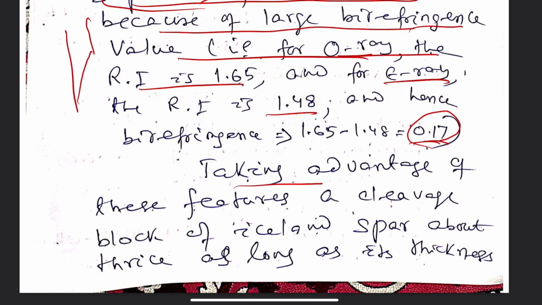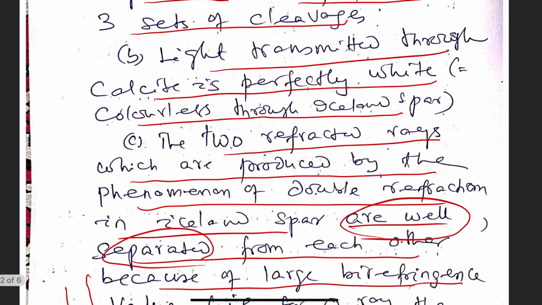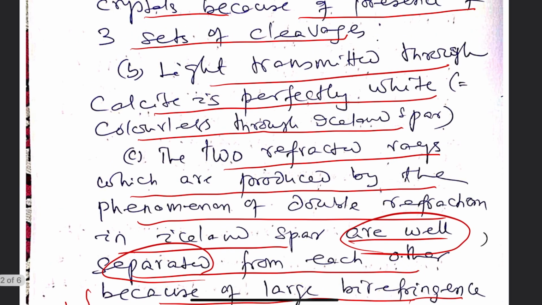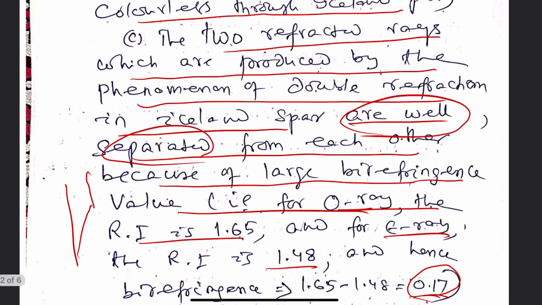Taking advantage of these features, as I discussed here: first, it is obtained in blocks; second, it is fully transparent; third, the two rays produced from the passage of light through it are well separated from each other.